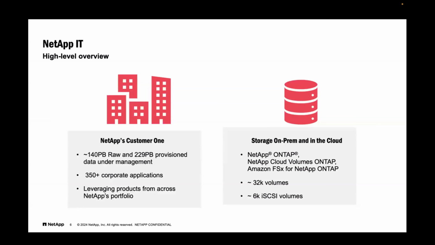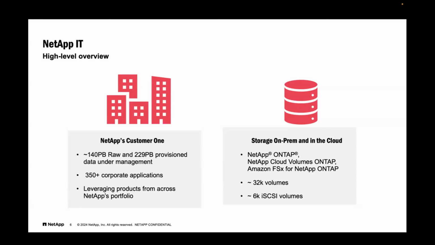So a bit about NetApp IT. We're also going by the moniker Customer One, which means we try to use our products, as I said, not all of it, but whenever possible. We manage about 140 petabytes raw, and that comes to about 230 petabytes provisioned.